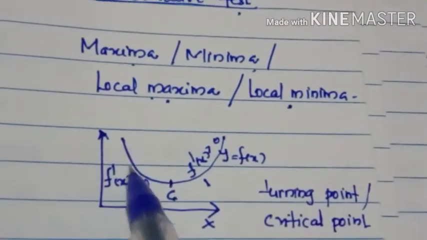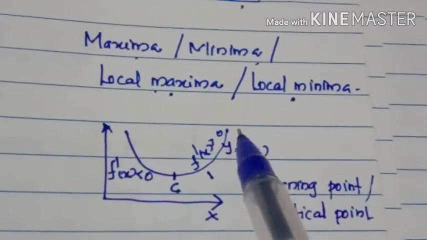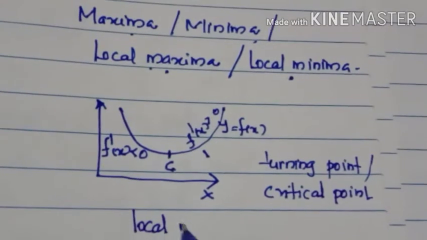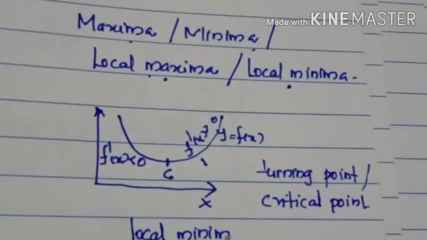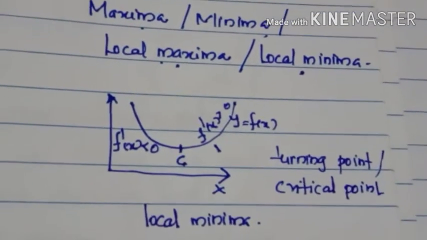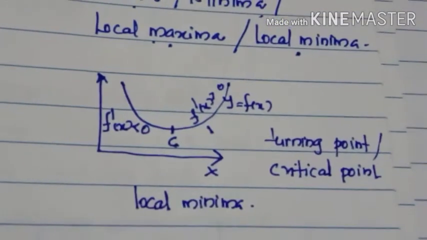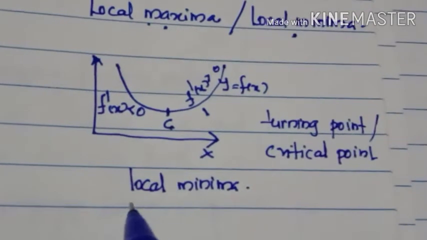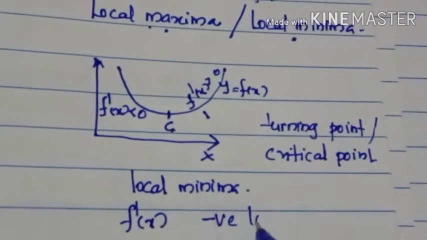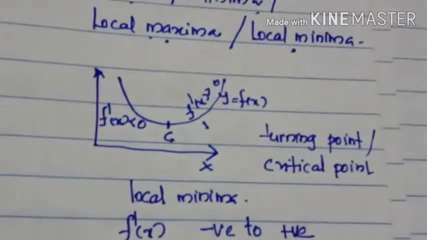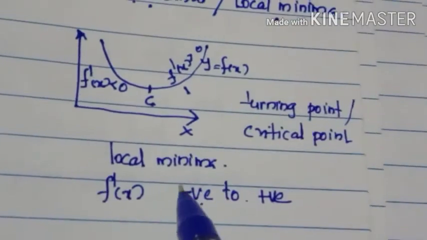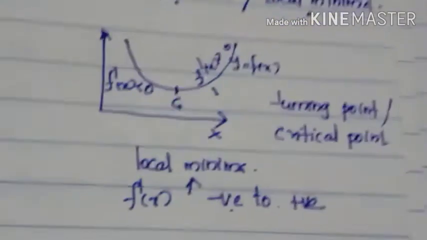So listen, decreasing to increasing is called local minima. Repeating, local minima means the sign of f dash of x changes from negative to positive.